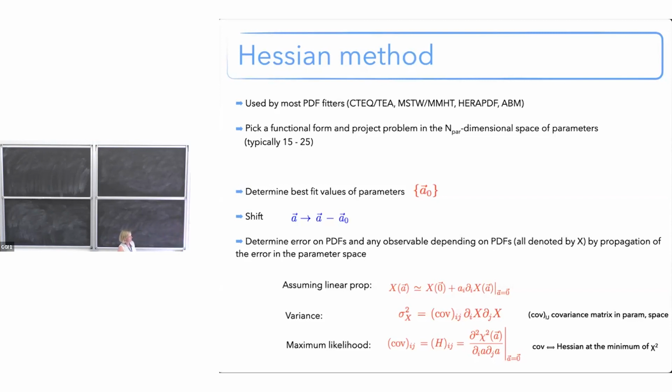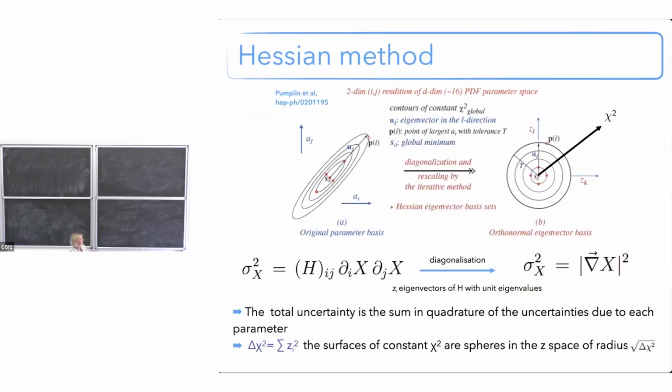And then the variance for that observable is given by the covariance matrix in the parameter space. So you take any observable and you take the derivative with respect to that parameter. And the maximum likelihood is given by the Hessian matrix, that's why it's called the Hessian method. So the matrix of the second derivatives at the minimum of the chi-square, okay? So this is something that we have all learned in functional forms.